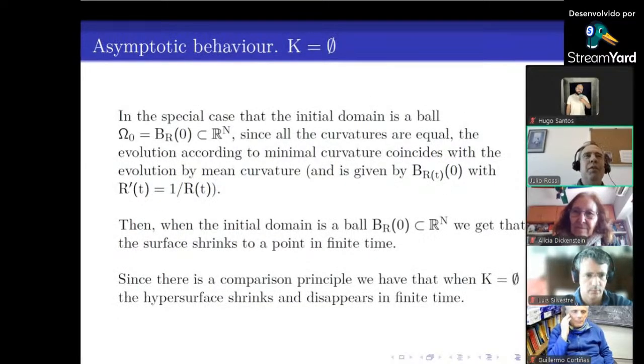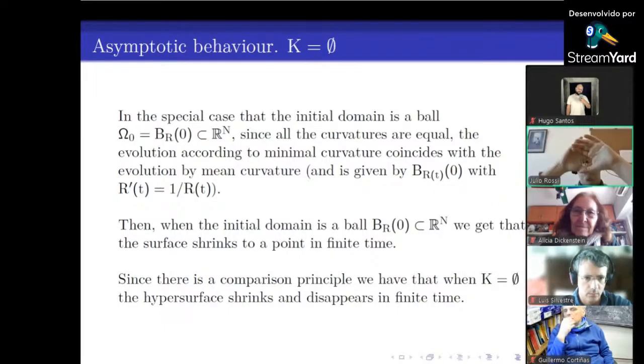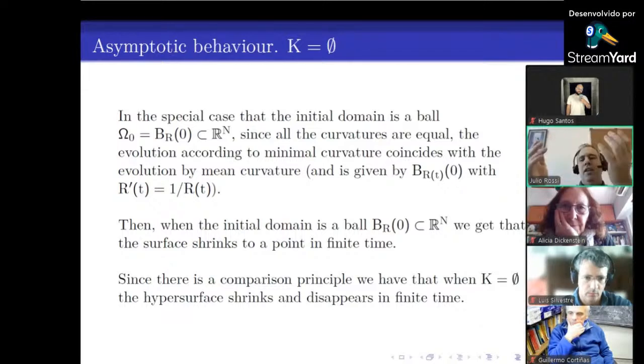Okay, what happens about the asymptotic behavior of this evolution problem when the obstacle is the empty set? So when you don't have any obstacle, what happens with the minimal curvature? If you take a large ball, all possible curvatures of the ball are the same. So the movement by mean curvature, by the mean of the principal curvatures, and the minimal one is going to be the same thing.